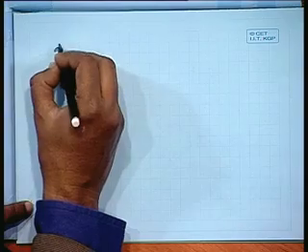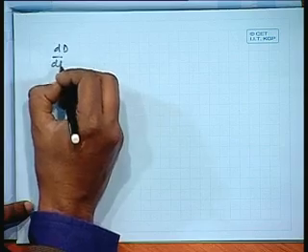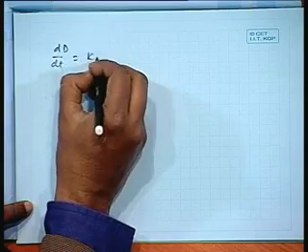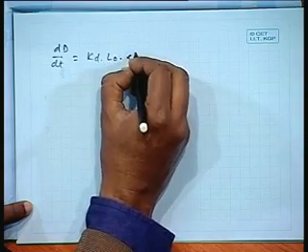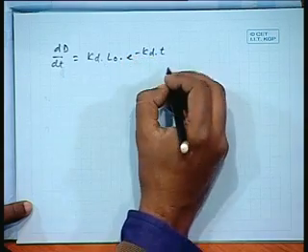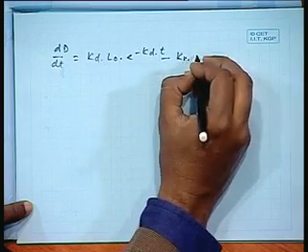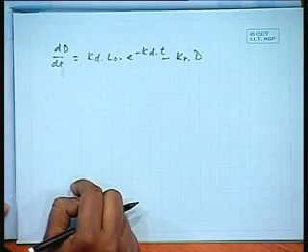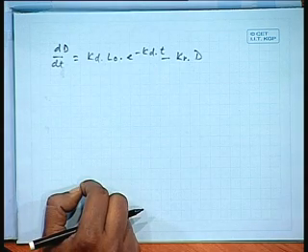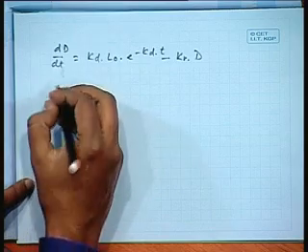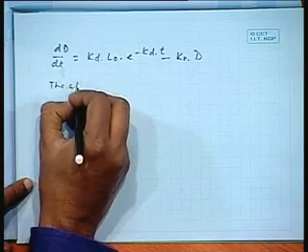In such cases, we can write a typical function for the rate of change of deficit: dD/dt = kd L0 e^(-kd t) - kr D.